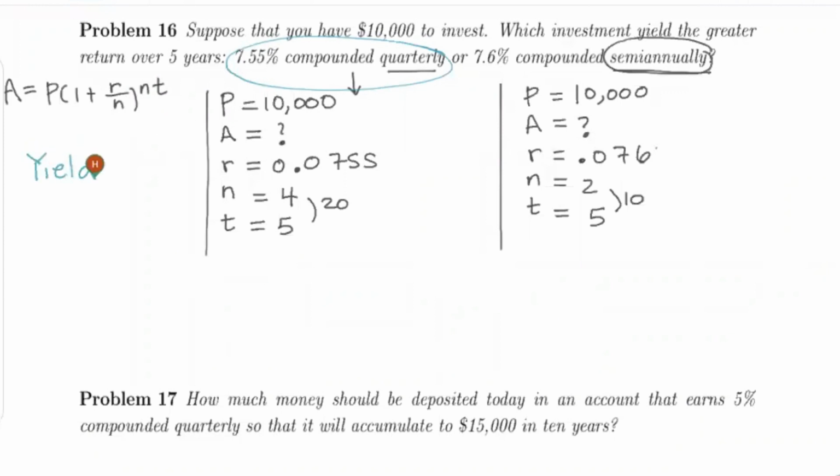Yield, and we usually denote it as APY, annual percentage yield. So what does yield do? Yield converts compound interest to simple interest. So yield is always a little bit higher percentage.